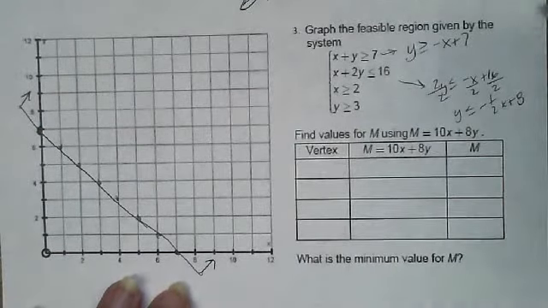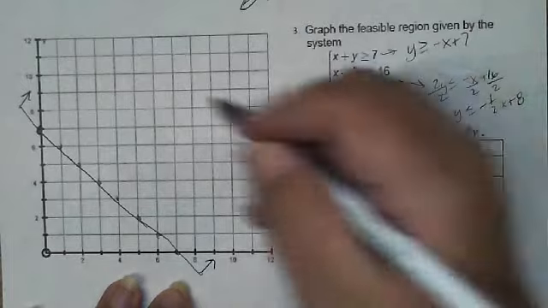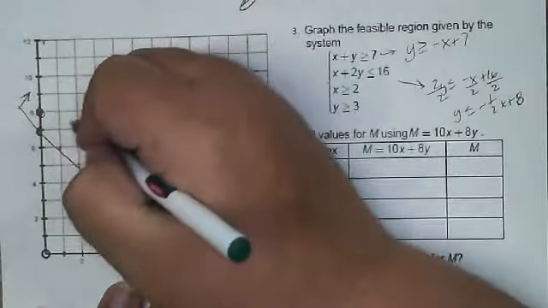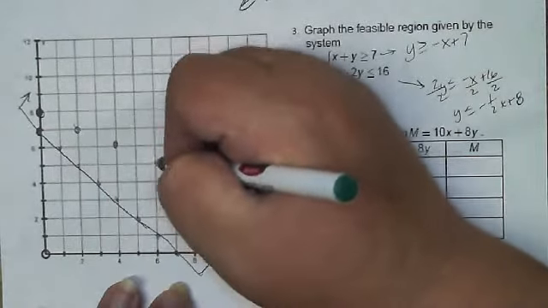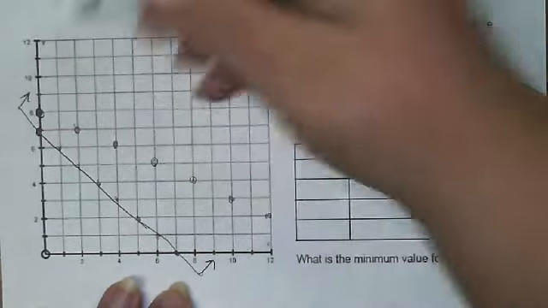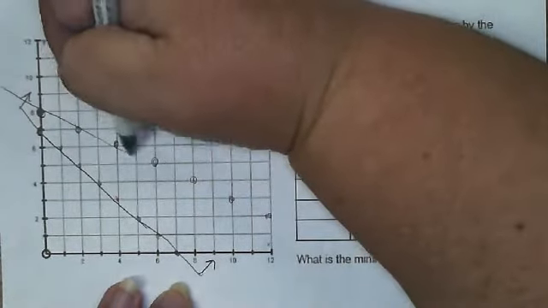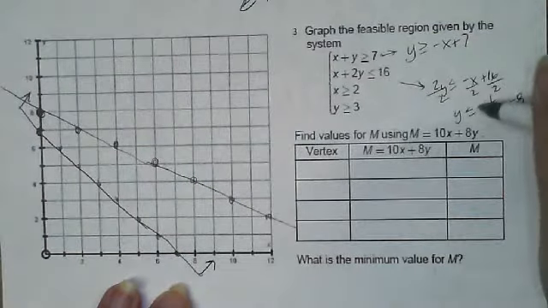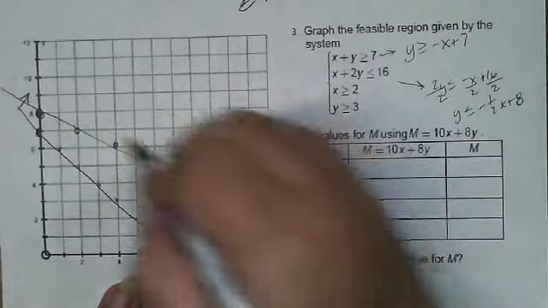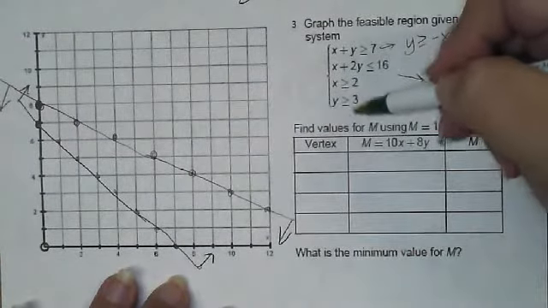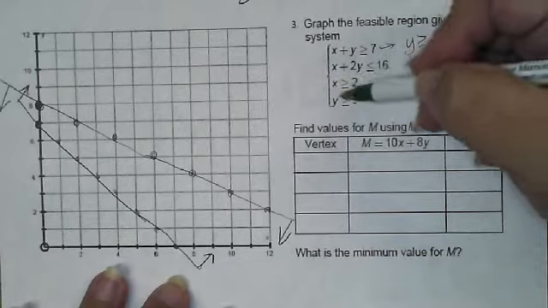Next one, we're going to start with the positive 8, and the slope is down 1 over 2. Again, solid line. And because it's less than, arrow below. Now these two are vertical and horizontal lines.